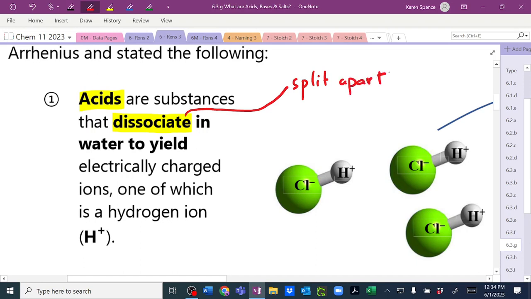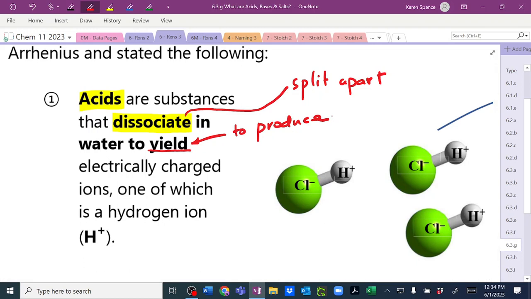They dissociate in water to yield. Do you guys know what yield means? To yield means to produce. Electrically charged ions, one of which is the hydrogen ion.